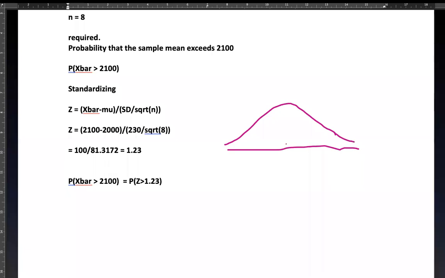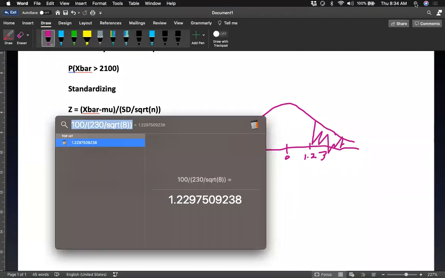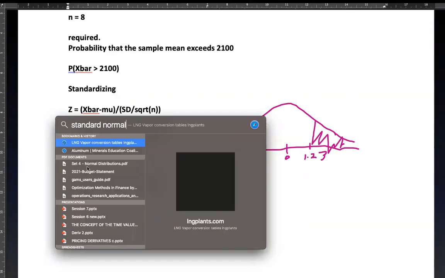Okay, so this is where the 0 is, right? And then where would the 1.23 be? Somewhere here. So are we going to the left of Z or to the right of Z? To the right. So this is the area of interest, right? So we need to find the Z table that corresponds to this. I don't know whether I still have my standard normal tables. Let's see.